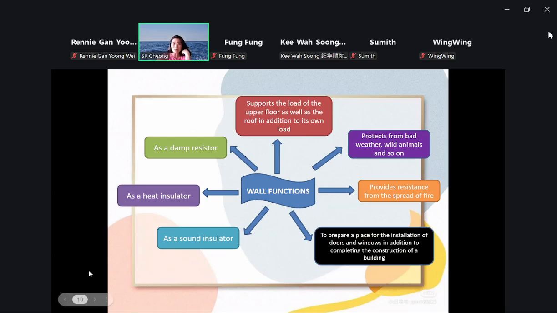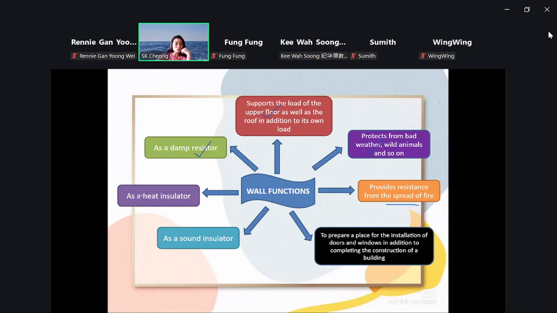It has to provide resistance to the spread of fire, support the load from the upper floor, and work as a damp resistor if it's a bathroom wall.